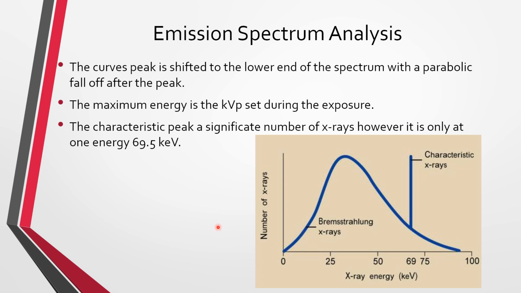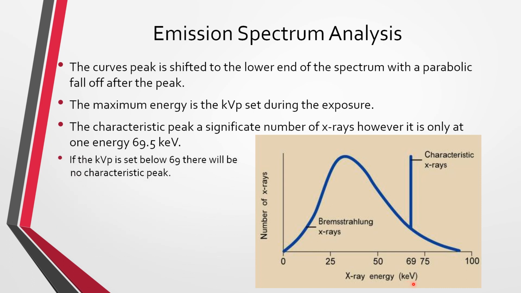kVp is what is set on the console, and keV is the energy of the X-ray. So you see that this is keV. We put a certain amount of voltage and amperage, a certain amount of electricity, into the exposure, and what's produced are photons, which are measured in keV.